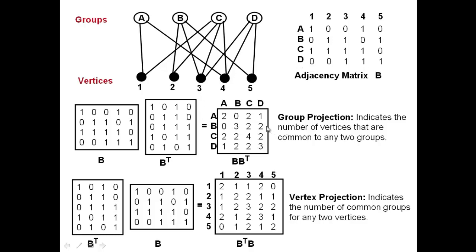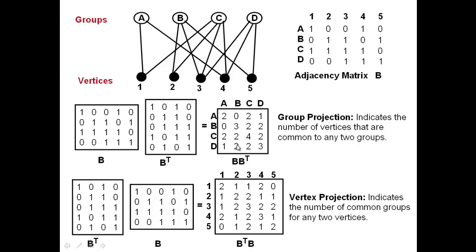So when you want to get an entry for BD, you are still multiplying based on the groups. So row B in the first matrix with column D in the second matrix. So that's going to be 0 times 0 plus 1 times 0 plus 1 times 0, so still 0. Then 1 times 1, then 0 times 1 plus another 1 times 1, so it's 2. So BD, the entry is going to be 2.